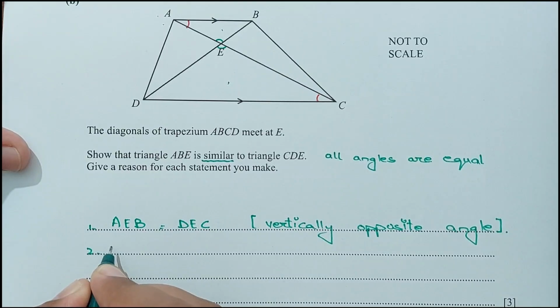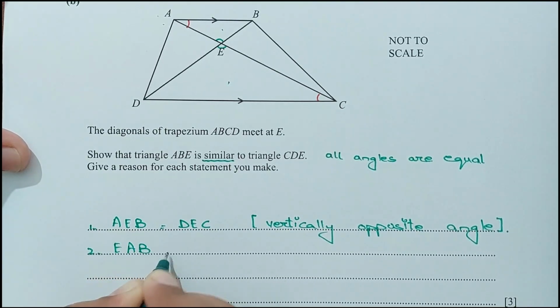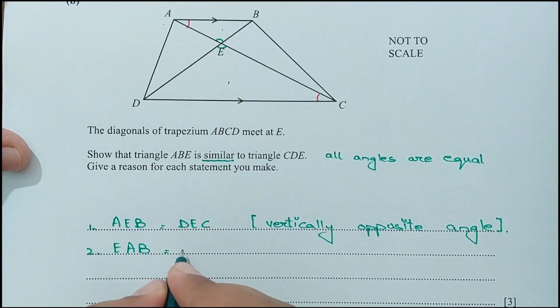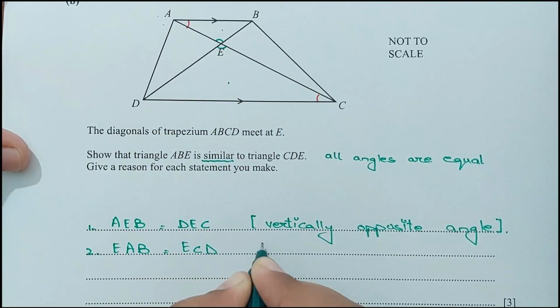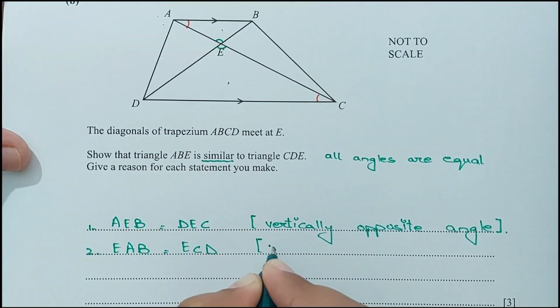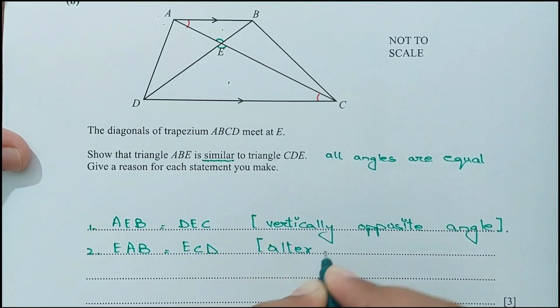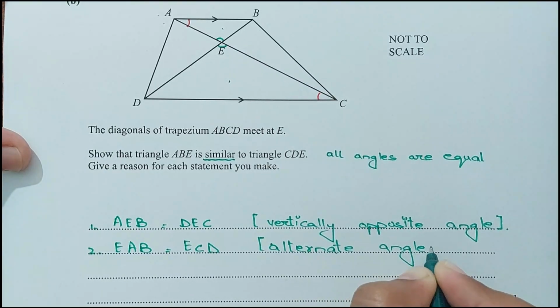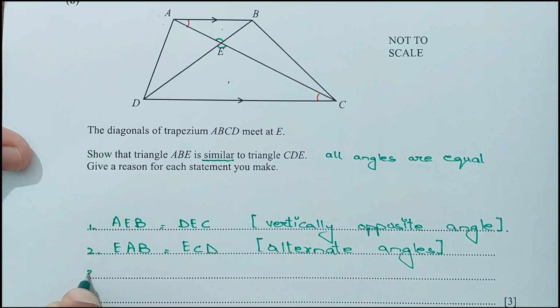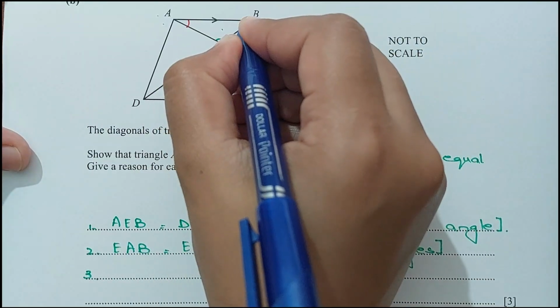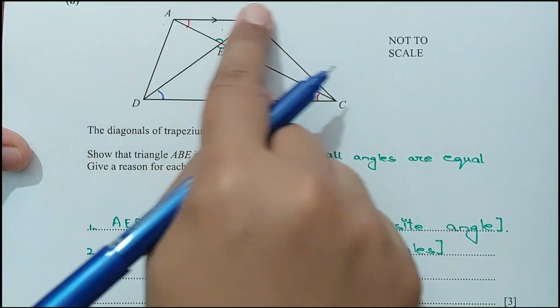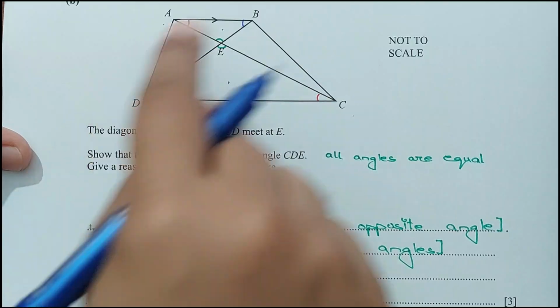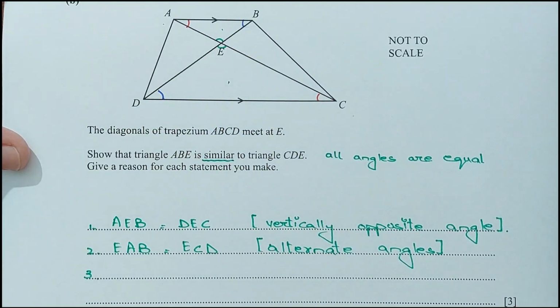So we can say EAB and ECD are alternate angles, and they are the same. And the third statement is this angle and this angle are the same because they are two parallel lines joined by one line.